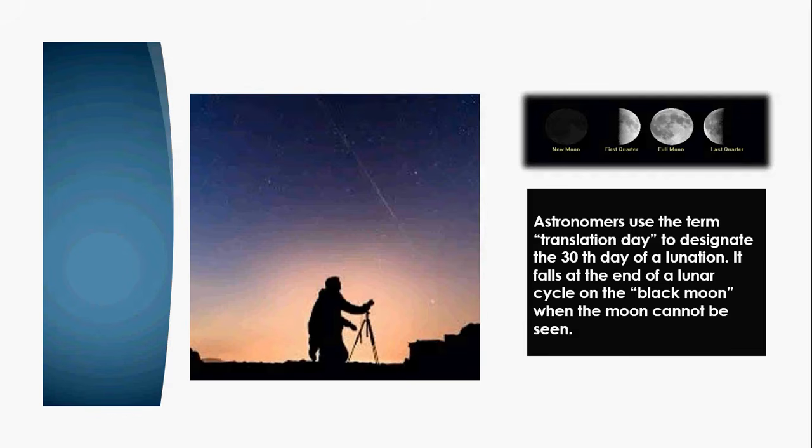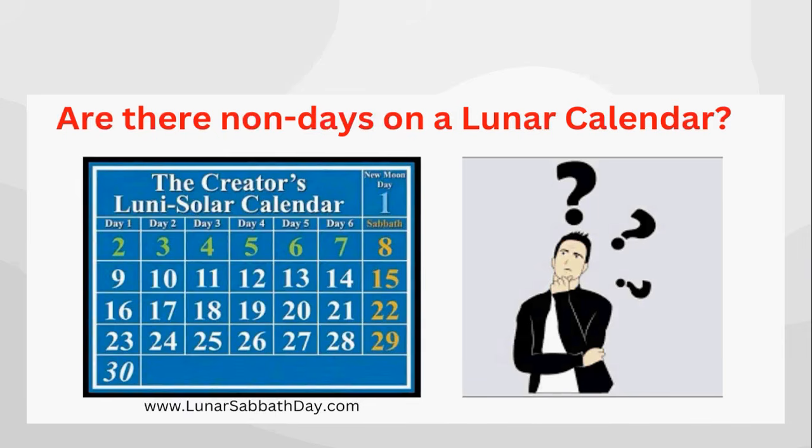So, astronomers use the term translation day to designate the 30th day of a lunation. It falls at the end of a lunar cycle on the black moon when the moon cannot be seen.